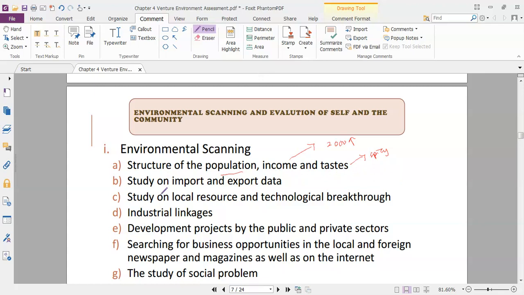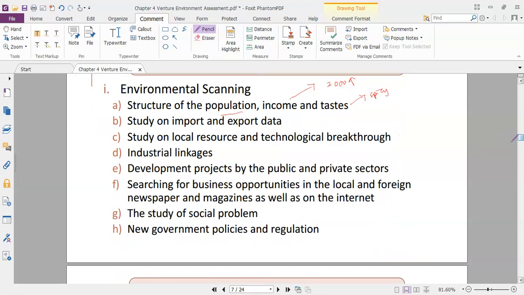Then we can also study import and export data, local resources and technological breakthroughs, industrial linkage, development projects by the public and private sectors, and search for business opportunities in local and foreign newspapers and magazines as well as on the internet.